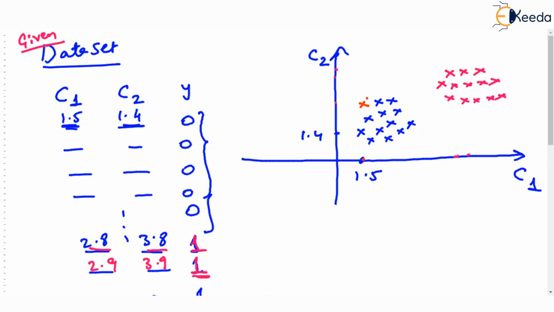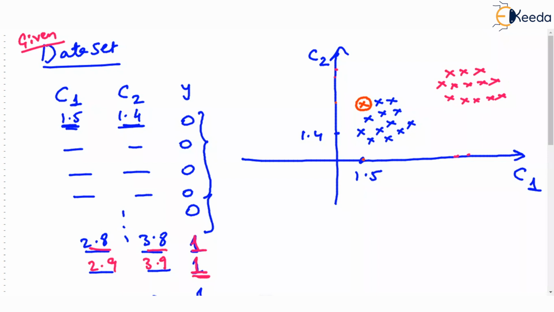We will call this point the query point, because we are asking a question: which class does this point belong to, 0 or 1? Now, anybody would say, come on, this point belongs to class 0. Why? Because it is in the region where all the class 0 points are located.